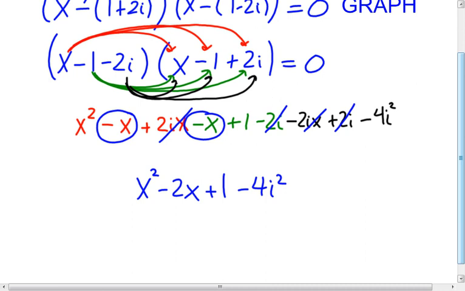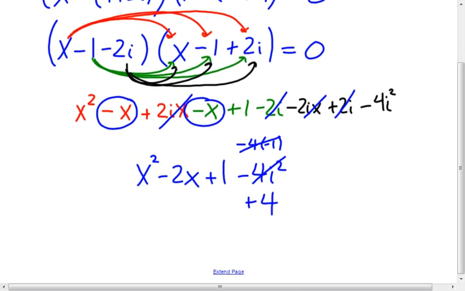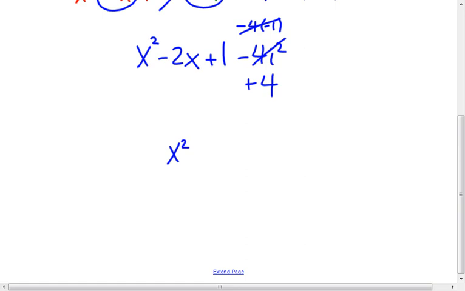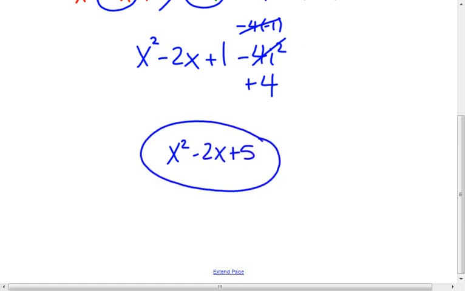And we know that i squared is negative 1, so this is really minus 4 times negative 1, which is really plus 4. Okay, so then I have x squared minus 2x plus 5. And that's what I'm looking for there.